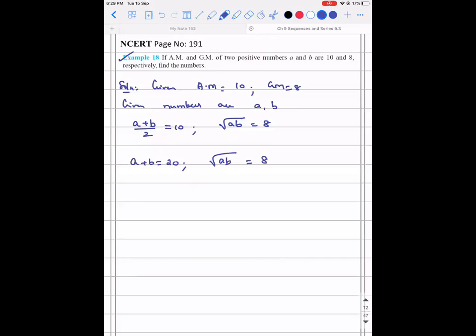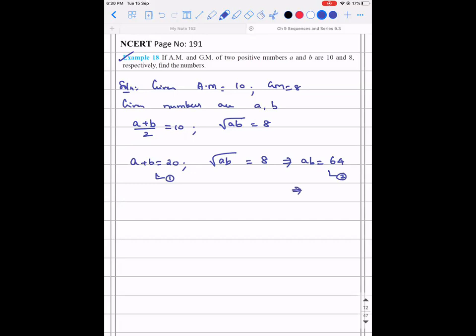So two unknowns and we have two equations in hand. So how to solve this? See, observe what I'm going to do. We have A plus B as 20. We can conclude AB is equal to 64. Right. So let this be equation number 1, equation number 2. Tell me how to solve this.